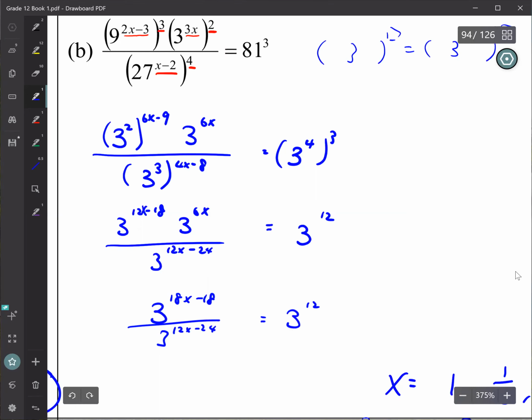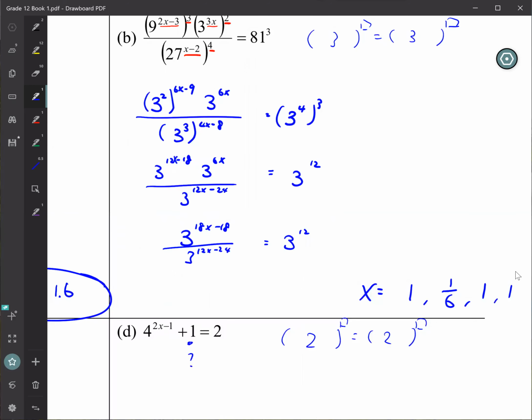Okay, and then now we can do subtraction. Okay, Eric, how do we do the subtraction here? Is it 18x minus 18 minus, and that minus 12x minus 24? Yeah, and remember you are minusing the whole thing, right? So be careful when you do minusing. So let me know after you subtract them.